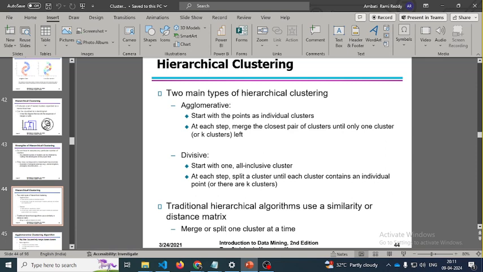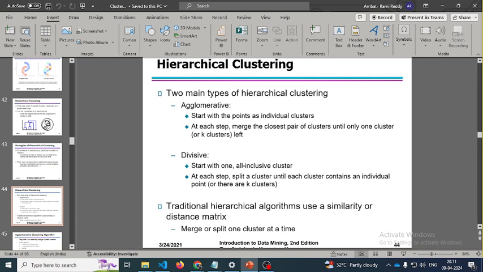Agglomerative starts with the points as individual clusters. At each step, it merges the closest pairs of clusters until only one cluster or k clusters are left. Divisive starts with one all-inclusive cluster and at each step splits a cluster; this is completely the inverse of agglomerative.